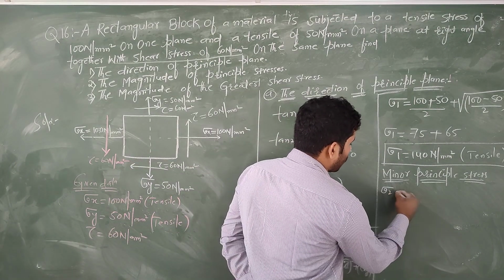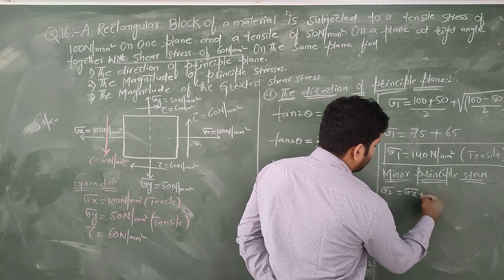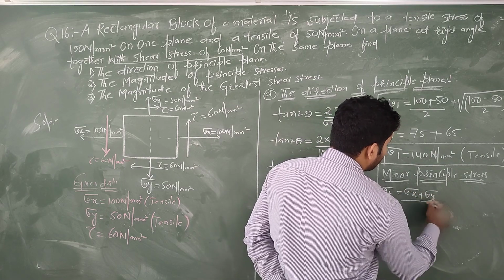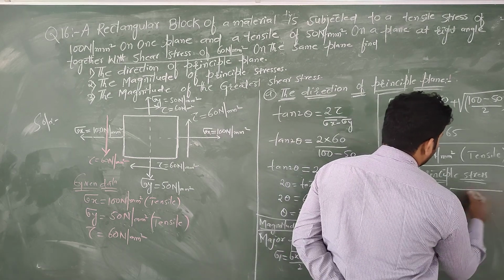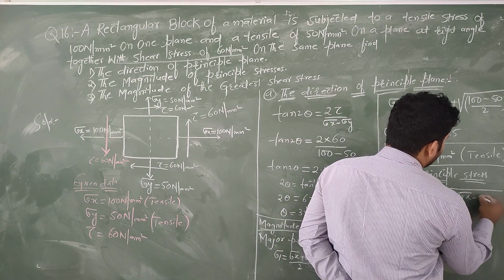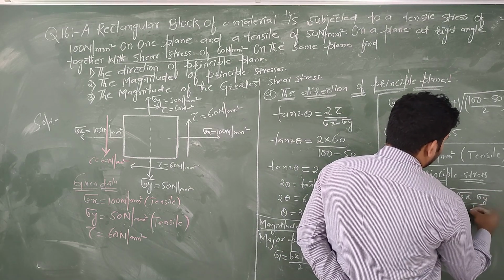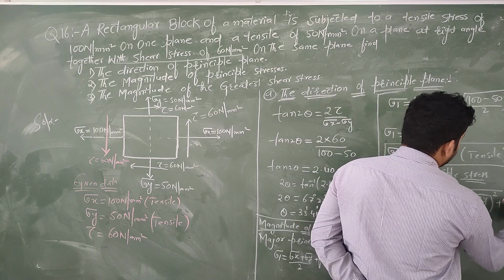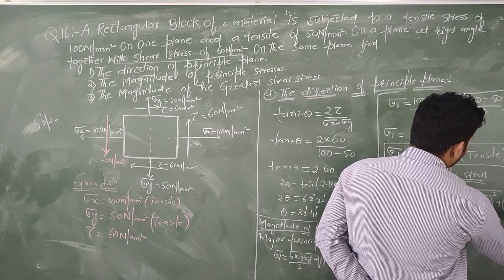Sigma 2 equals (sigma x plus sigma y) by 2 minus the square root of ((sigma x minus sigma y) by 2) whole square plus tau xy whole square.